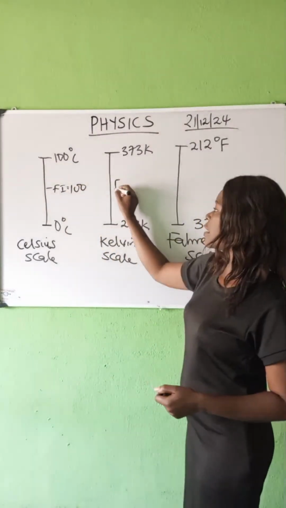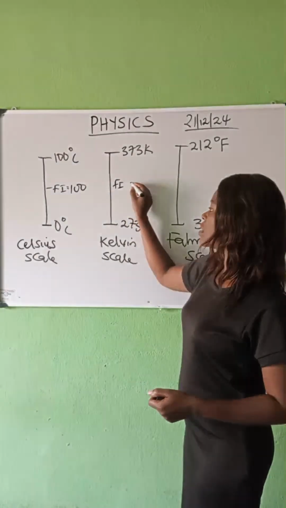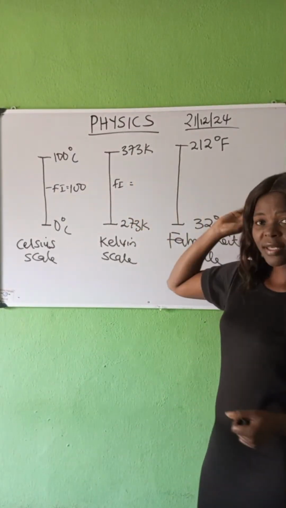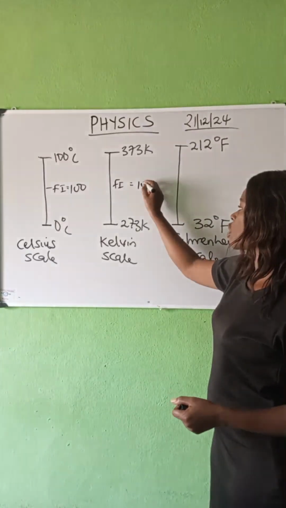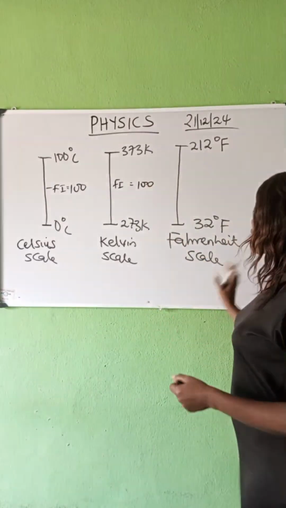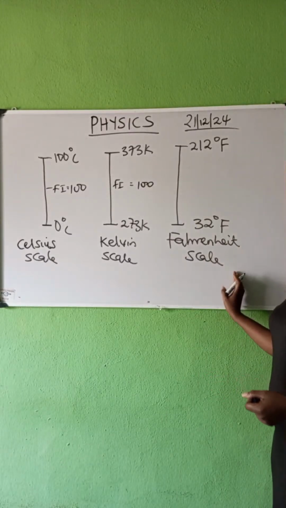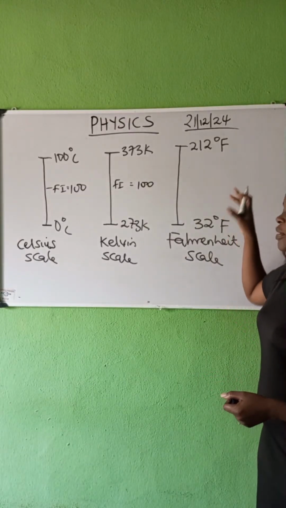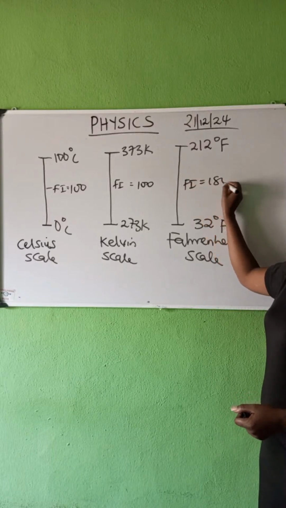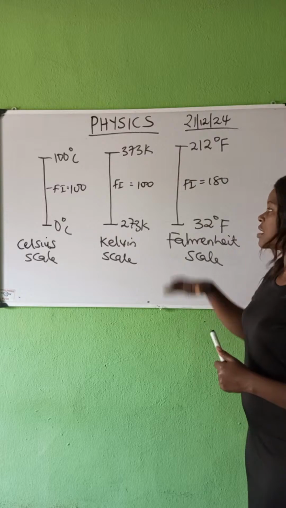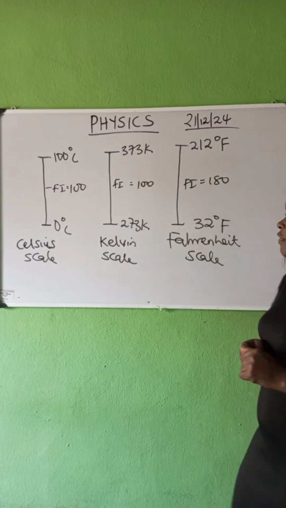The fundamental interval for the Kelvin scale is 373 minus 273, going to give us what? 100, okay? Now the fundamental interval for the Fahrenheit scale, 212 minus 32, is going to give us what? 180. Is that clear?